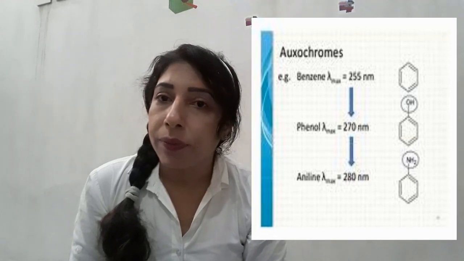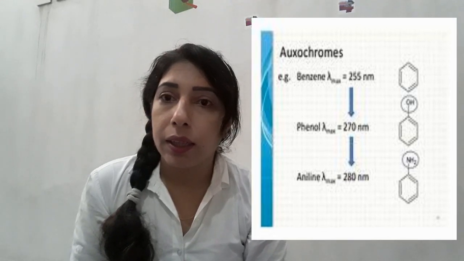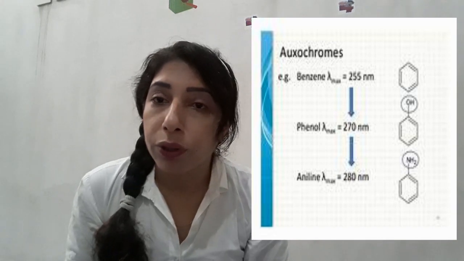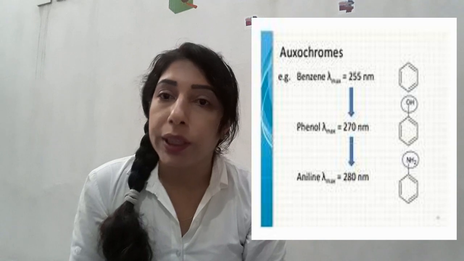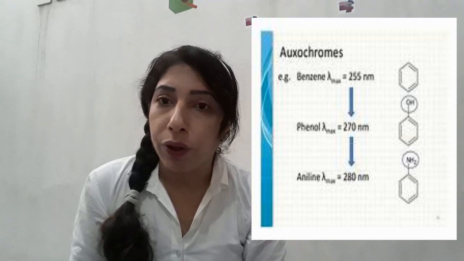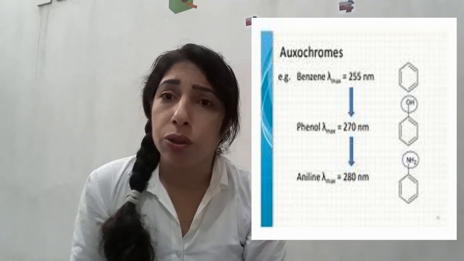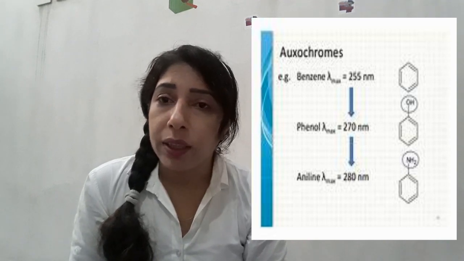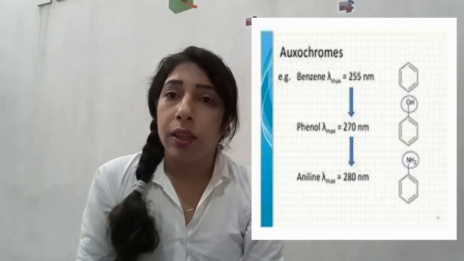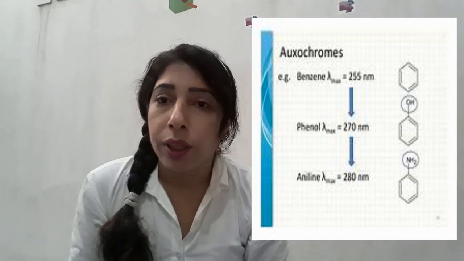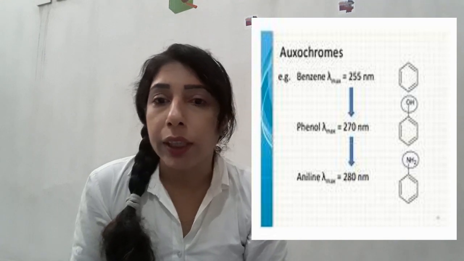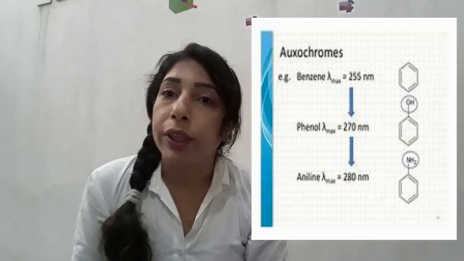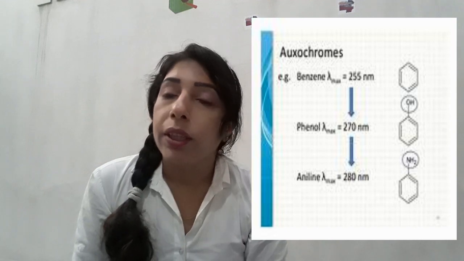Here we can give the example of benzene, phenol and aniline. Benzene has a lambda max of 255 nanometer, but when an OH group is attached to benzene in phenol, OH does not show any absorption itself, but by sharing electrons with the benzene ring it extends conjugation, and therefore lambda max increases from 255 nanometer to 270 nanometer.